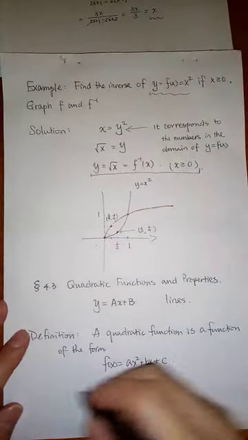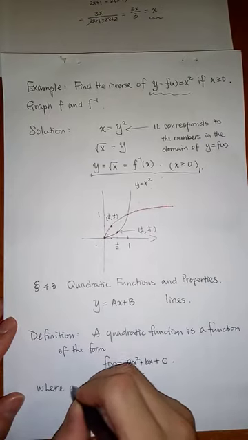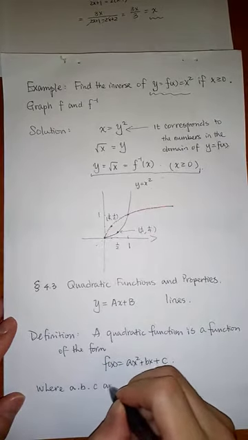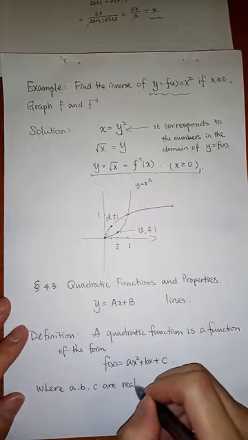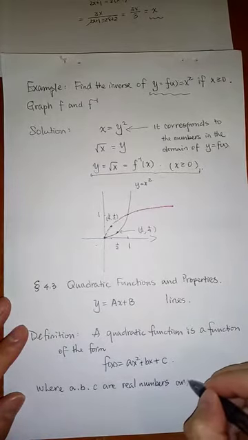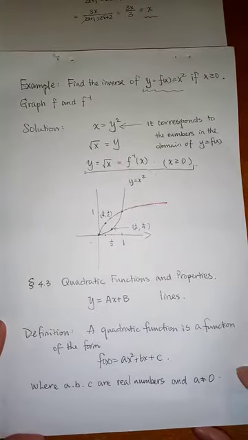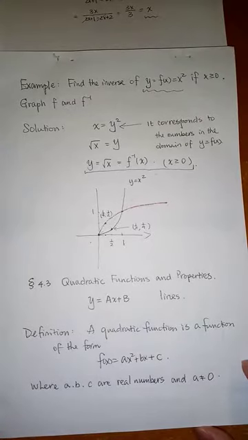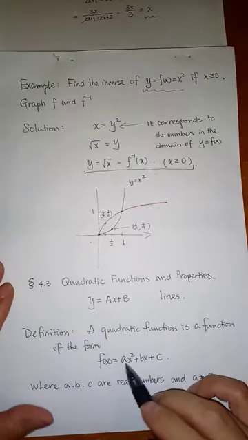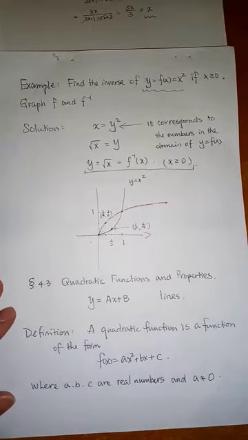So here we require, first of all, where a, b, c are real numbers, and a is not equal to 0. A is not equal to 0. B and C can be 0. B and C are free to be 0.